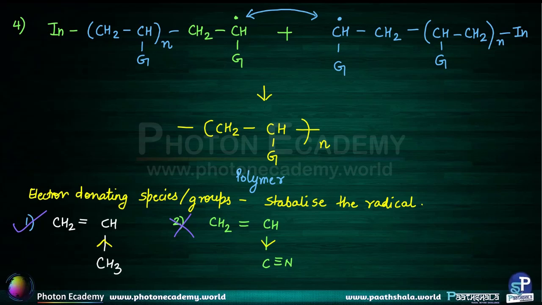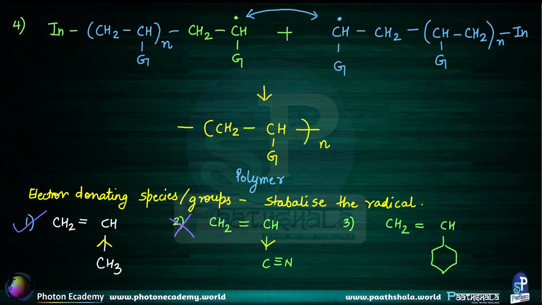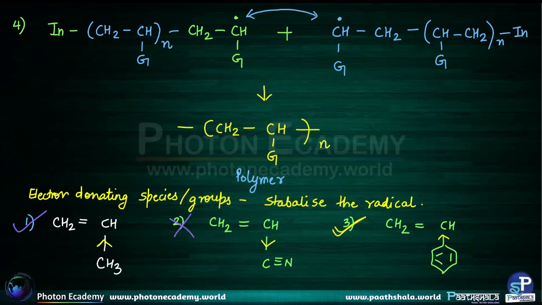Now, what if I take a third example, and here the monomer that we are taking is CH2 double bond CH with a phenyl group. Now this is called styrene, and here the benzene which is attached is an electron rich group and will donate electrons, making the radical stable, and so the reaction can proceed if the monomer is styrene.